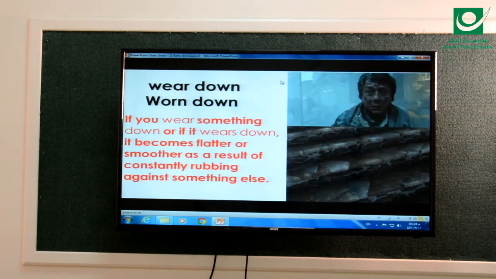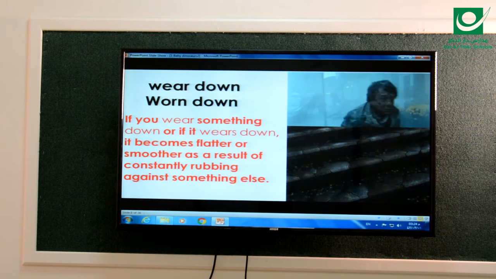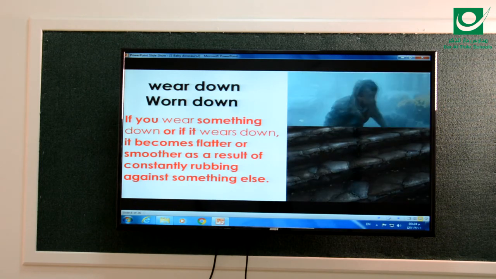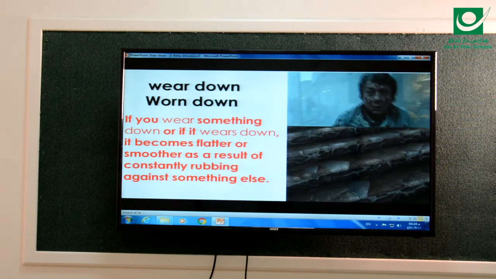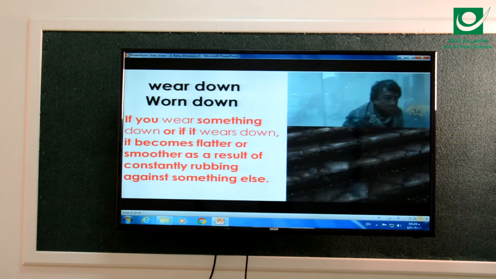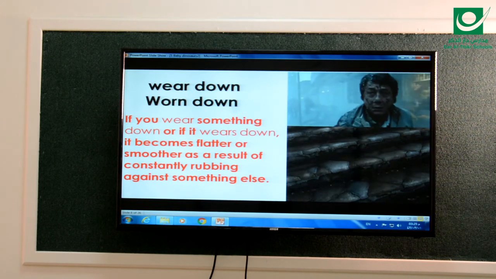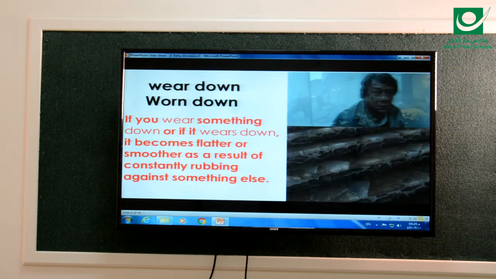Wear down, and the last form is worn down. If you wear something down, or if it wears down, it becomes flatter or smoother as a result of constantly rubbing against something else.